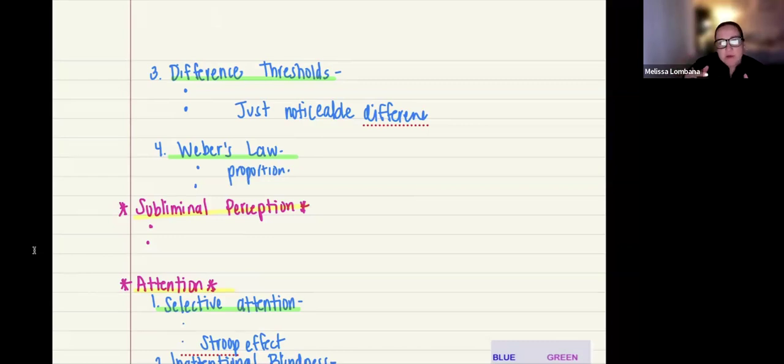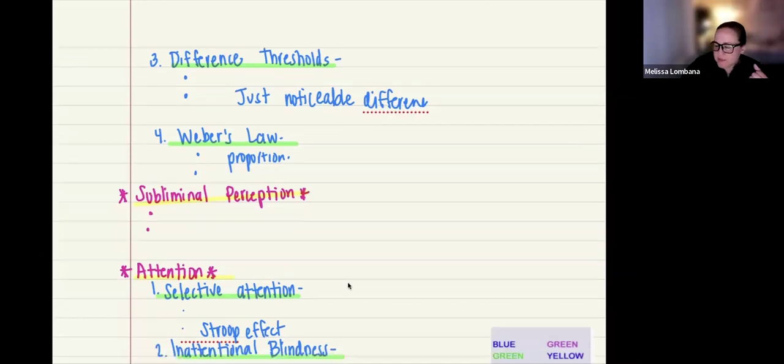Like if I put two sheets of paper on your hands and then I start putting more books or paper, it's noticing that slight difference. There needs to be a proportion. One sheet is not going to make a difference, but a ream would. So that is basically it.